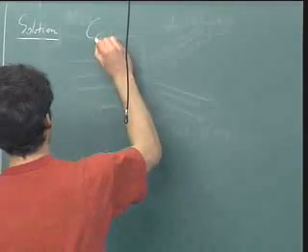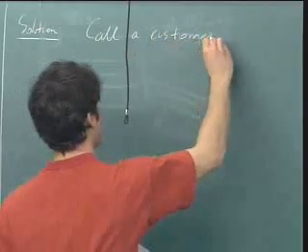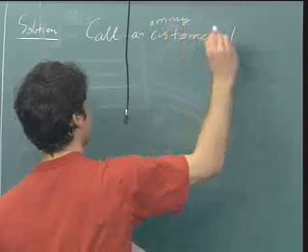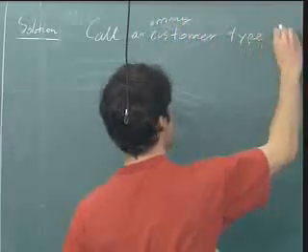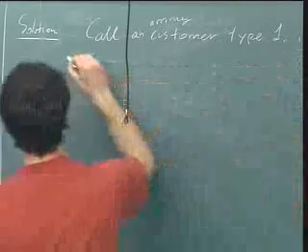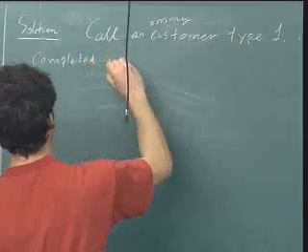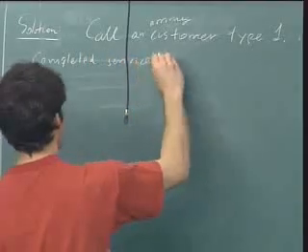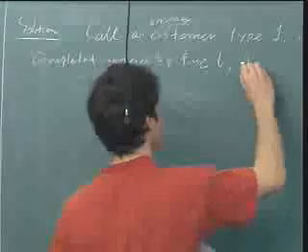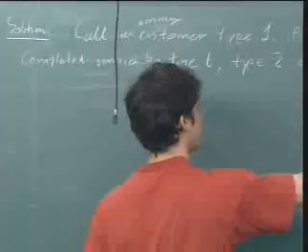So let's call an arriving customer type 1 if he has completed service by time t, and type 2 otherwise. Okay?